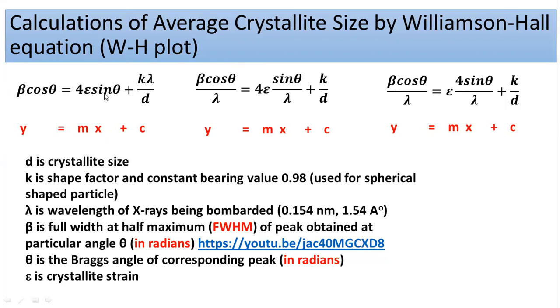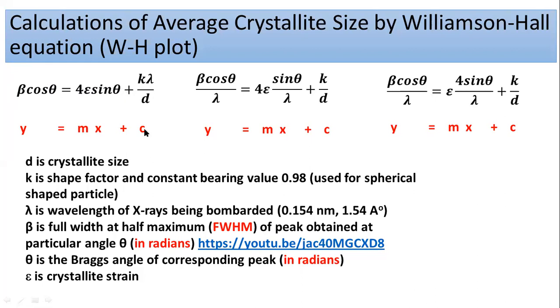So beta cos theta equal to this one, this whole will be the y, and for epsilon sine theta, it depends. If you take sine theta on the x-axis, then the slope will be the 4 epsilon. That will remain constant, the strain will be the same for a specific crystallite pattern or the size.